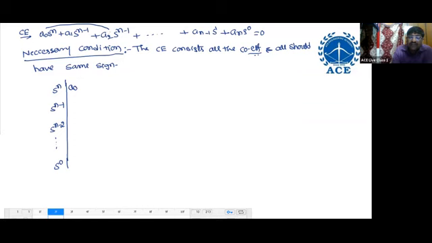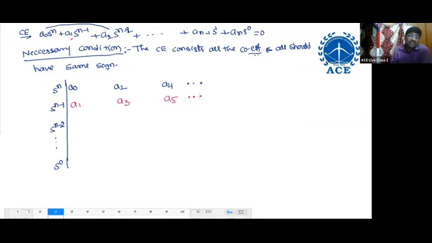Next, S power n minus 2 row: A2, next alternate A4, and so on. Next, S power n minus 1 coefficient is A1, alternate means A3, A1, A3, A5, and so on.